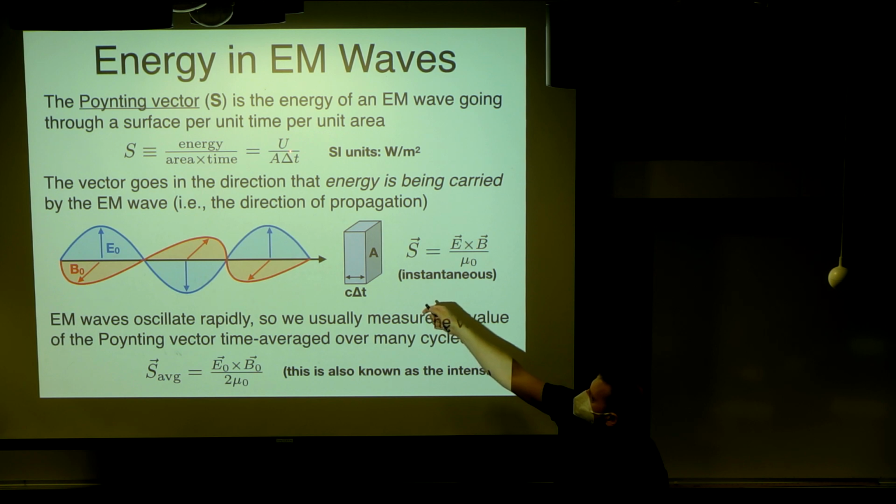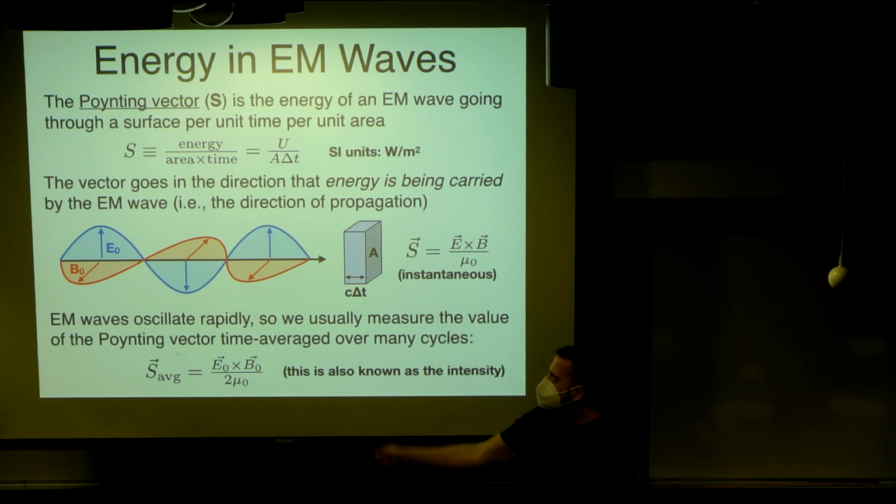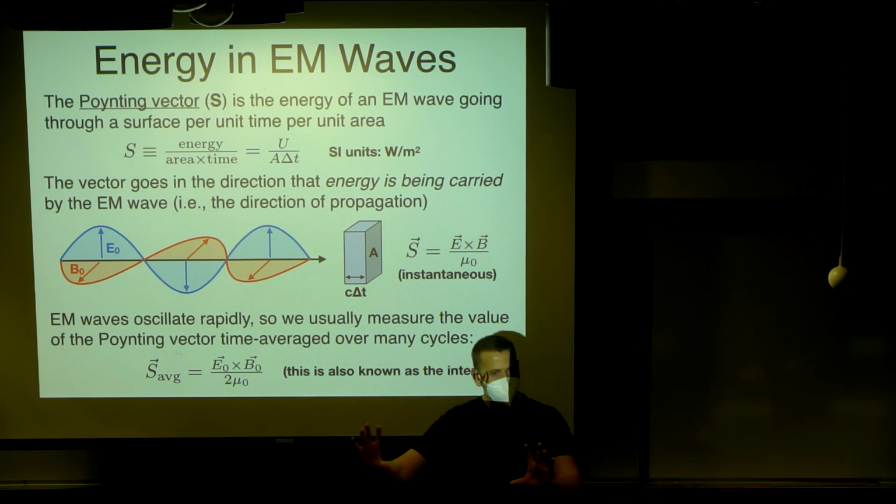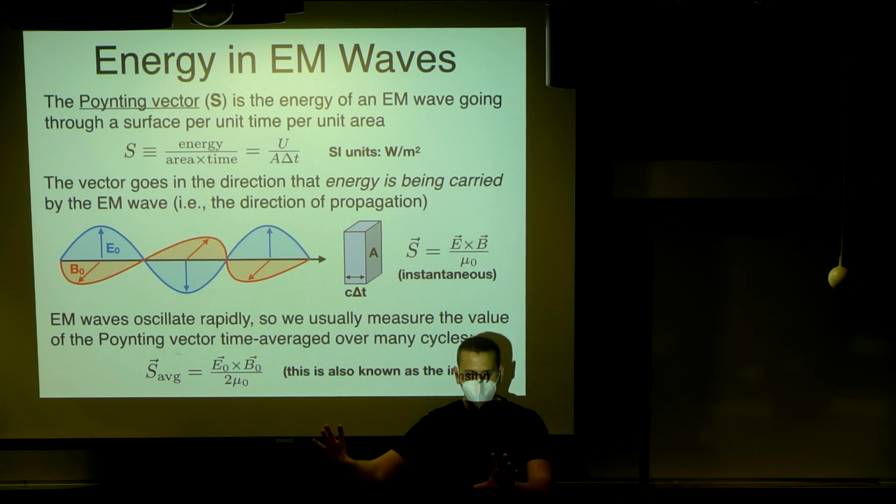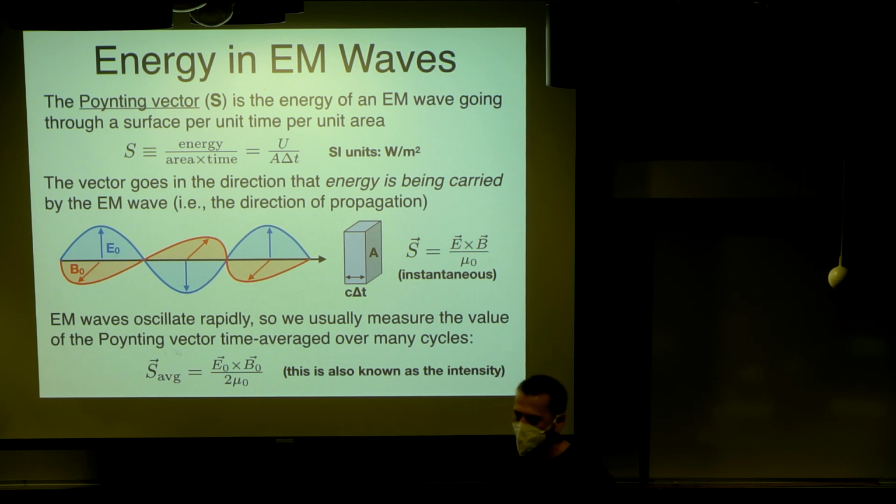So the energy going through the surface, that's going to be measured in joules. The time interval is going to be measured in seconds. And when we combine joules per second, we get watts. And then, of course, the area part is going to be given in square meters. So that is how many watts are hitting the surface per square meter of that surface. Okay, that's what it is.